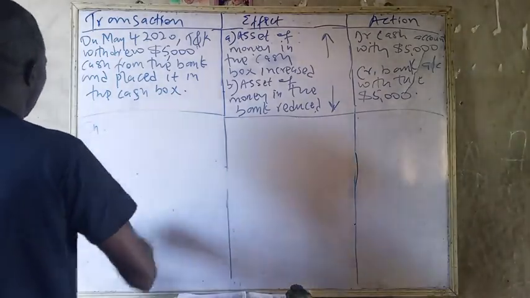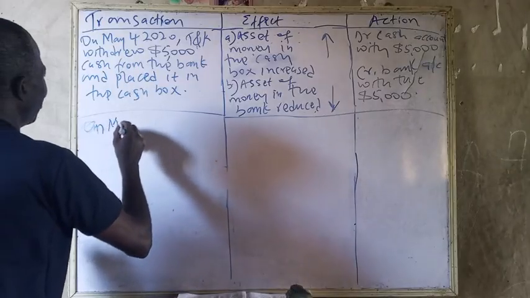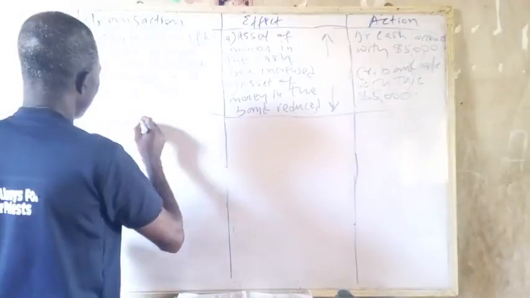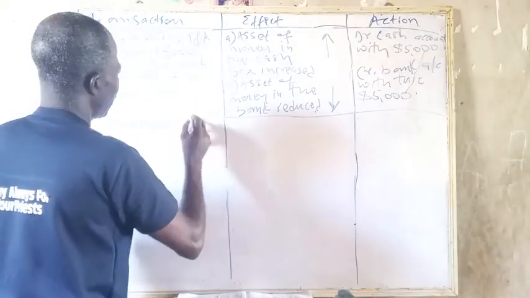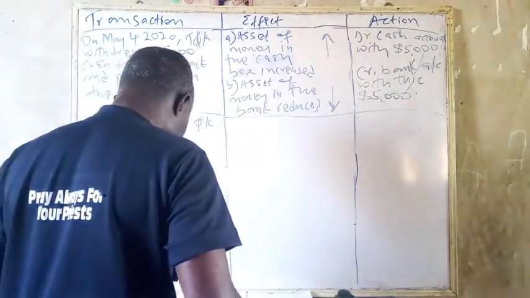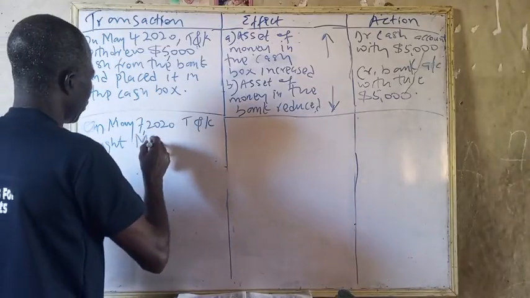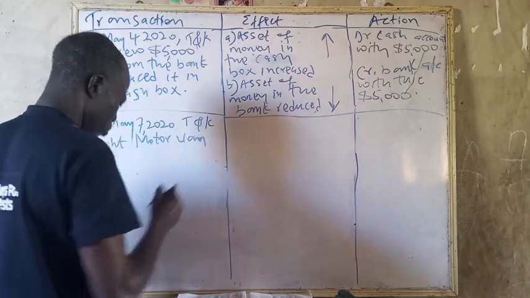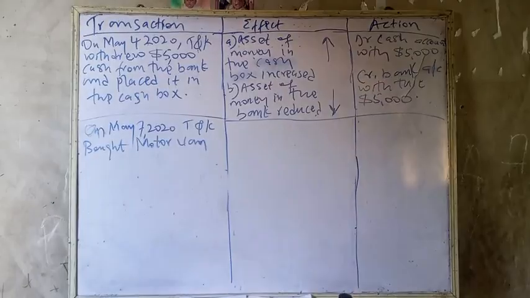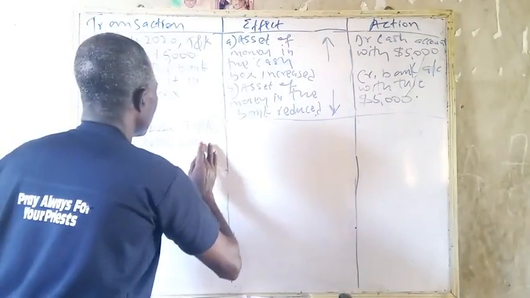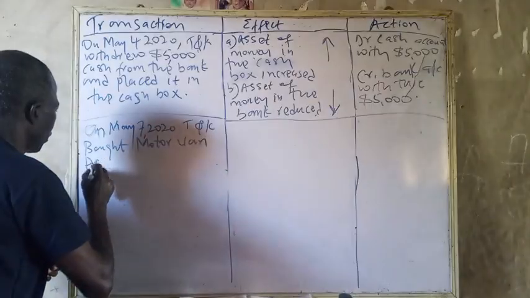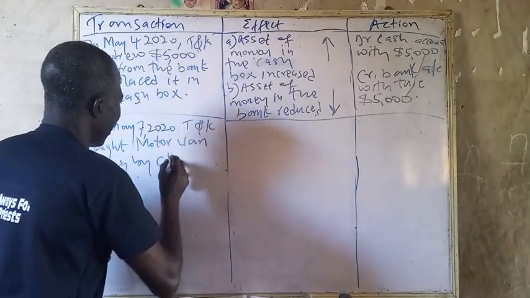On May 7, 2020, T and K bought a motor van, paying by check.